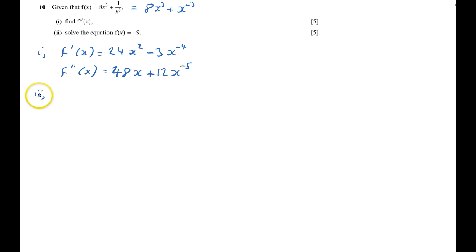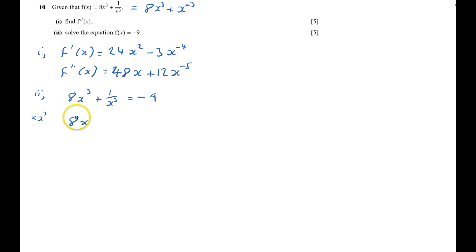Part 2. I've got to solve the equation f of x, that's the top one here, equals minus 9. So I'm going to put it in this form here. So that gives me 8x cubed plus 1 over x cubed equals minus 9. What don't we like? We don't like the over x cubed, so let's get rid of that by timesing everything through by x cubed.